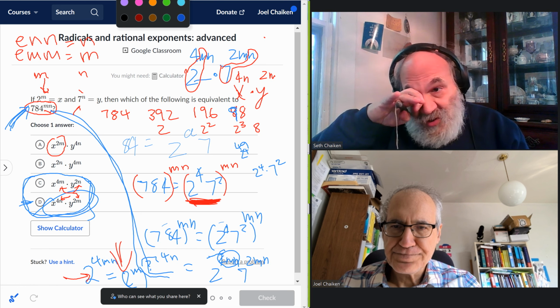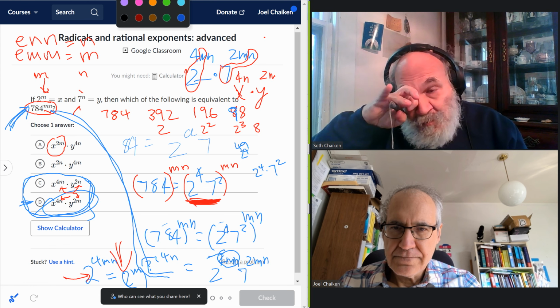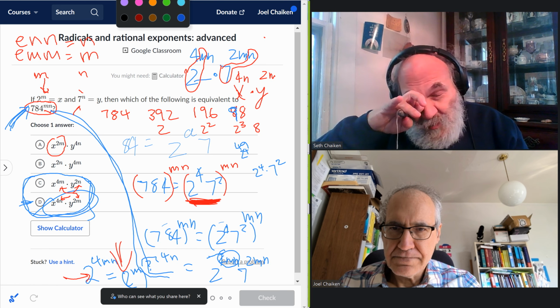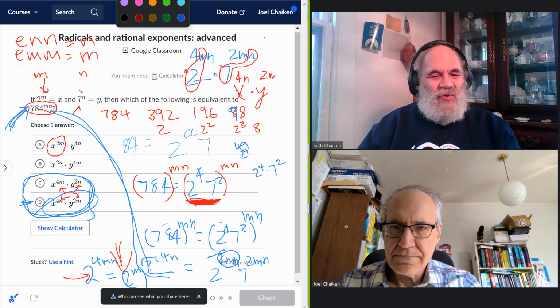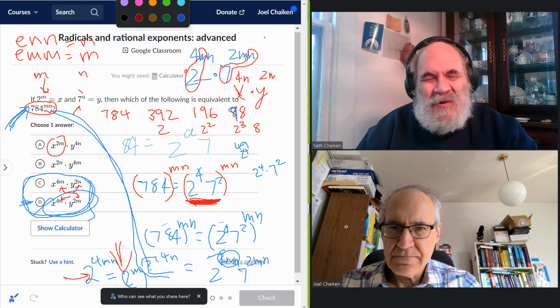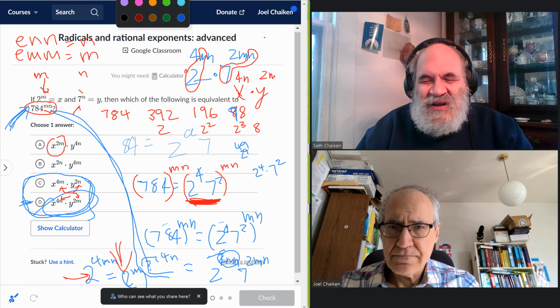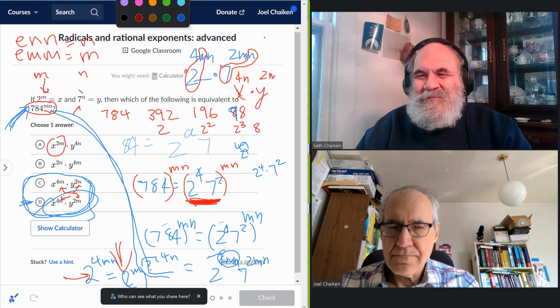So in this problem, what we do is we need to express every number of which powers of 784 are the numbers in question. We need to consider the prime factorization in terms of products of 2s and of 7s.